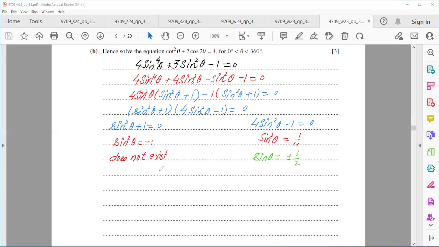So the first equation is sine of theta is equal to plus 1 by 2, and sine of theta is equal to minus 1 by 2. From where will I get this cos? This is not cos, this is the sine. So I have to write sine of theta.